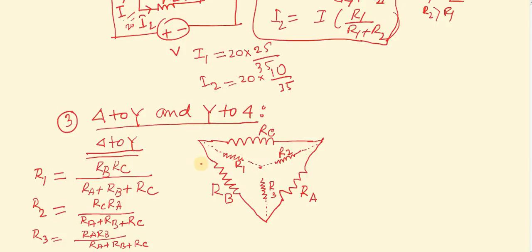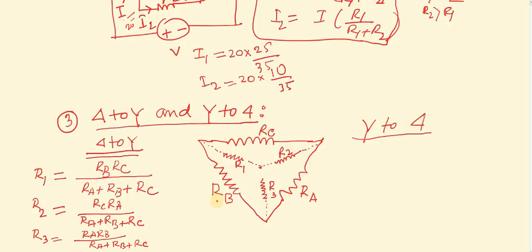Okay, now let's try to understand the opposite one, that means star to delta conversion. That is, the star network will be given to you. That is, the values of the star quantities R1, R2, R3 will be known, and the delta values have to be calculated.